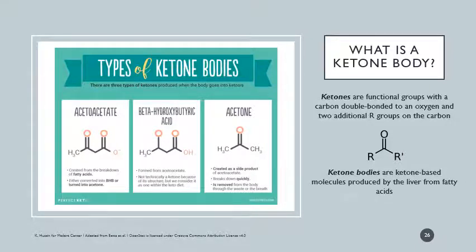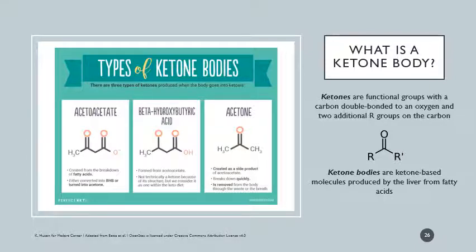When we have ketone bodies, these are just bodies. They're little structures that are ketone-based molecules. They're produced by the liver from fatty acids. When you have different fatty acids, the liver can go through this process of generating ketone bodies, having molecules with ketones as the basic structure.